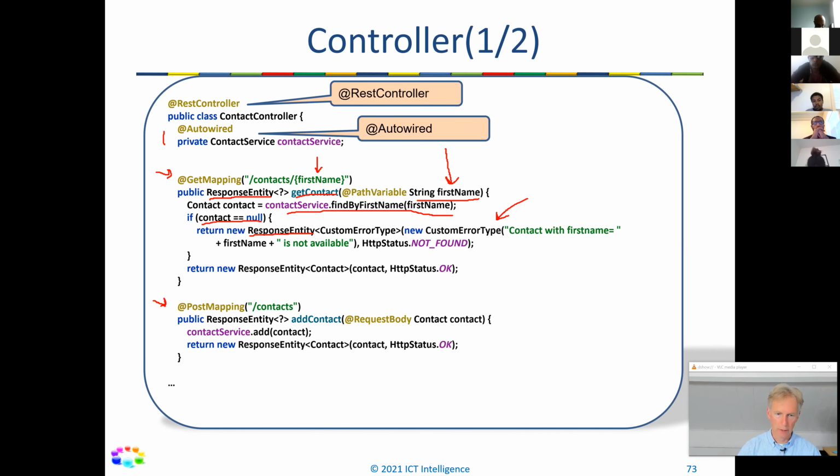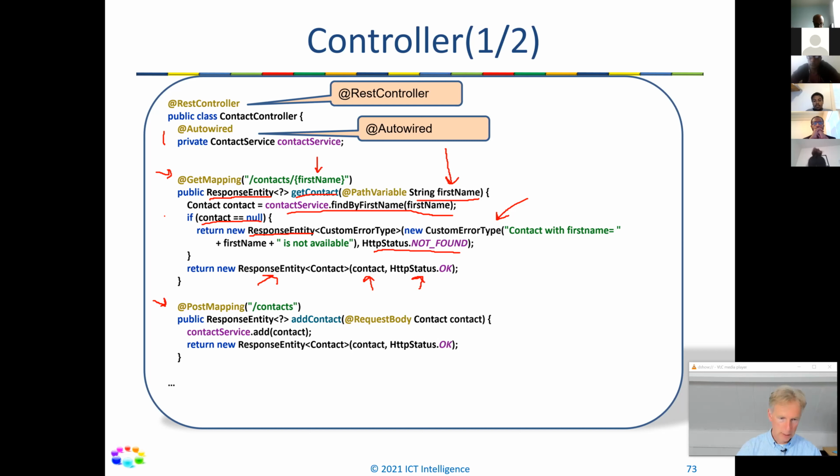It just has a message. I say the message is: contact with first name Bob is not available. And I say HTTP status is not found. That's what I return to the client. But if the contact is not null, I return the ResponseEntity with that contact. HTTP status is OK. This is what's sent back.